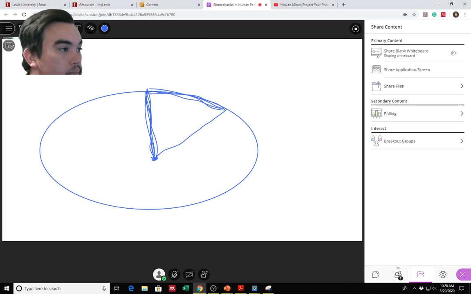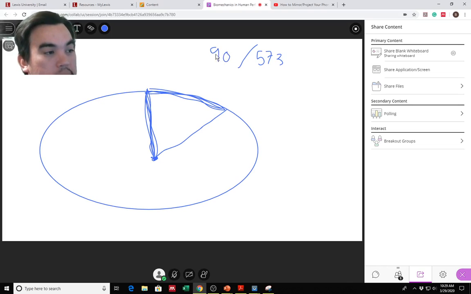Let's say I take a 90-degree angle, and I want to see how many radians it would be. I would take that 90 degrees and divide it by 57.3, and I'd get 1 point something.